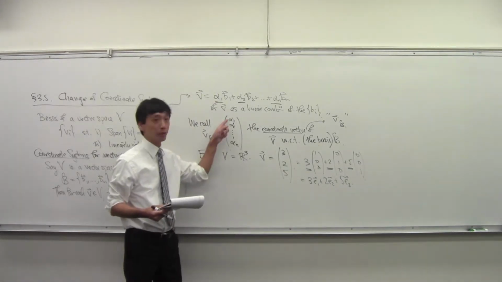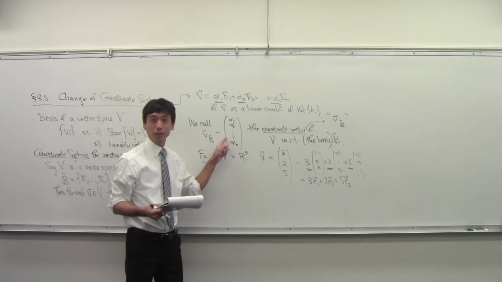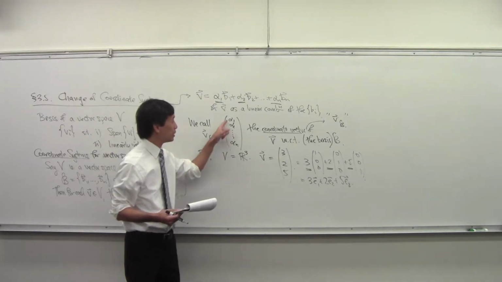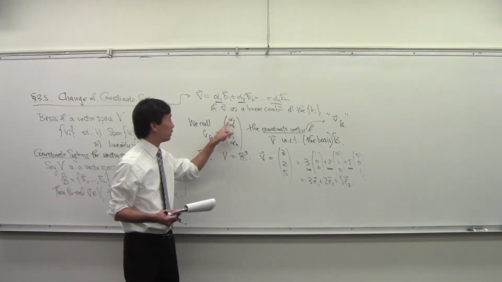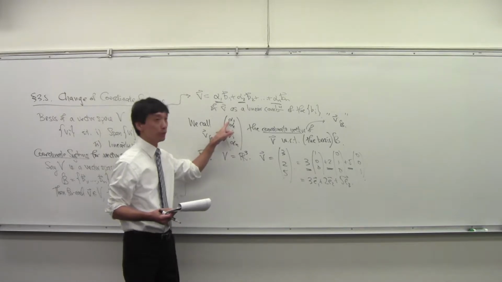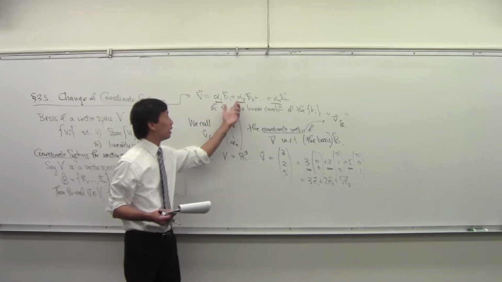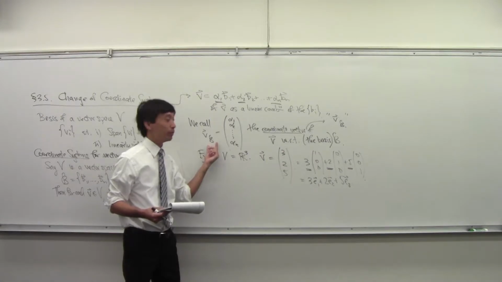In other words, it's the coefficients that you used to make a linear combination of the B basis to get v.